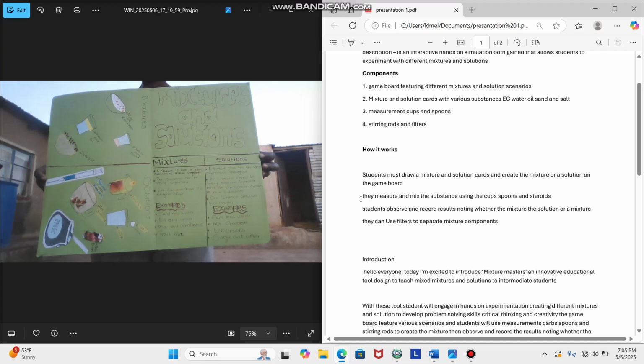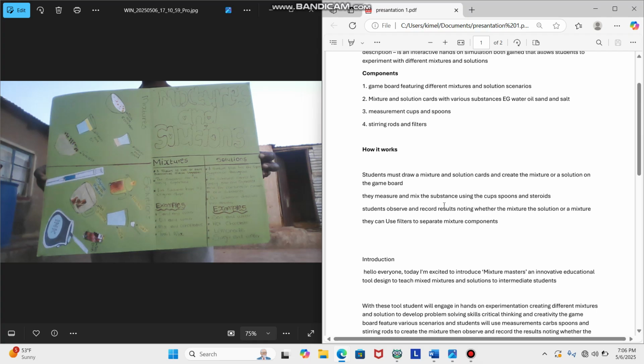Moving forward, they can measure and mix substances using cups, spoons, and stirrers. Students observe and record results, noting whether it is a solution or a mixture. They can use filters to separate mixtures into components.